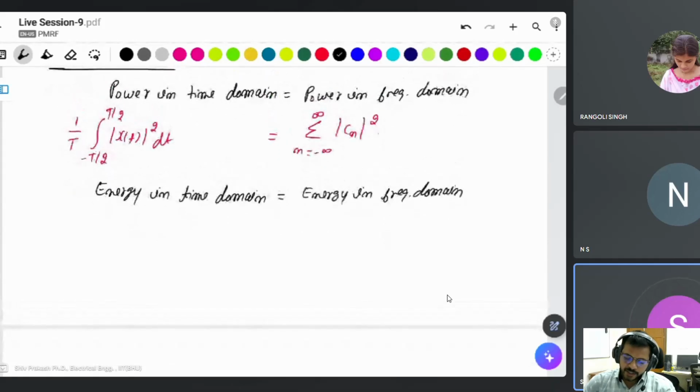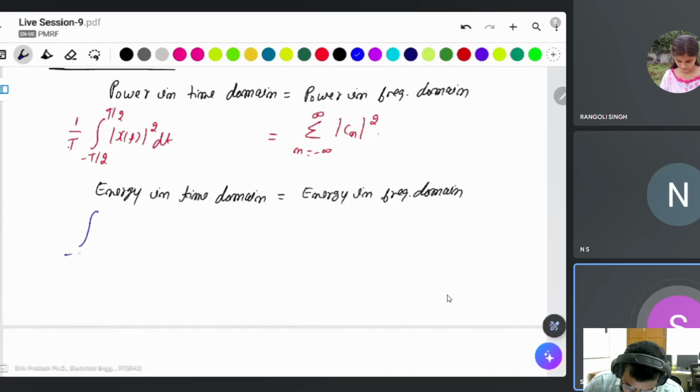For finding that energy, there is no requirement of the average, so you have to replace the time period. You have to find it for all time.